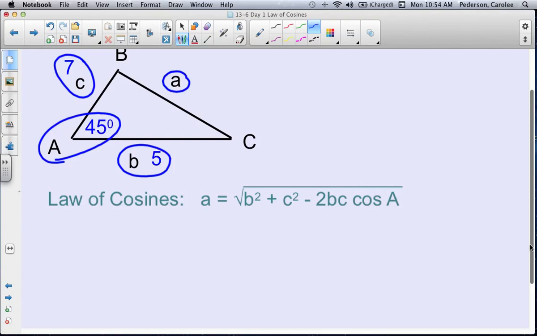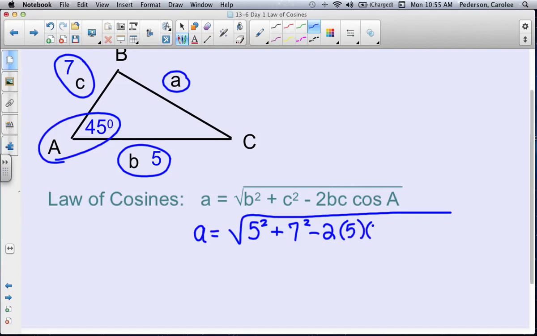So we say A equals the square root of b squared, which is 5, so 5 squared, c squared, so that's 7 squared, minus 2bc, and then cosine of A, and A is 45 degrees.